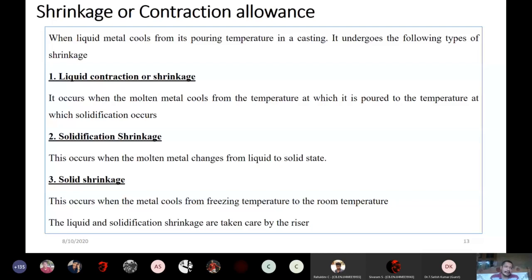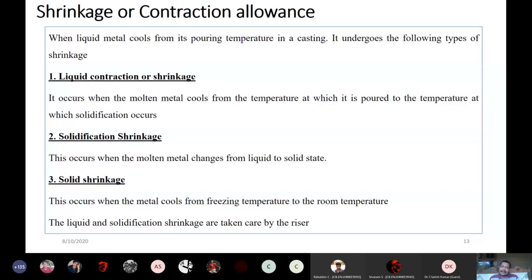If you don't provide extra liquid material inside your mold cavity, your casting will have a lesser dimension than expected. So to compensate for this, you have to use a larger size pattern, or use liquid reservoirs inside your mold cavity.